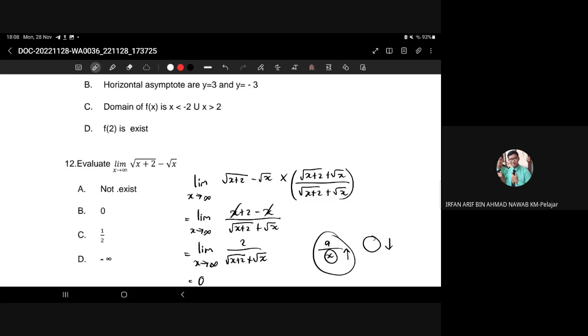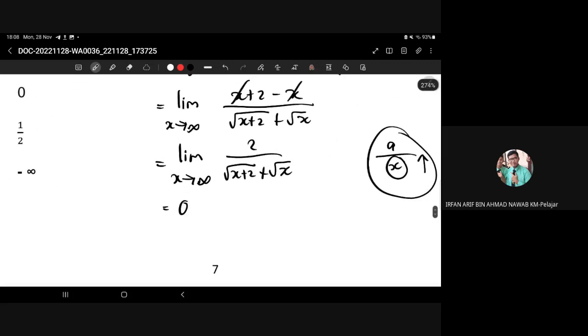But for the final answer, this scheme writes down x and substitutes it as infinity, which is wrong. Mathematically, it is wrong because we can't substitute something that is not a number. Infinity is not a number, so we can't just do that.